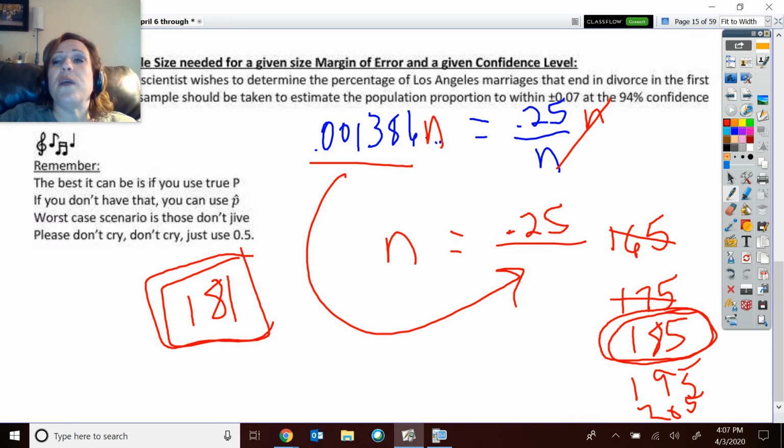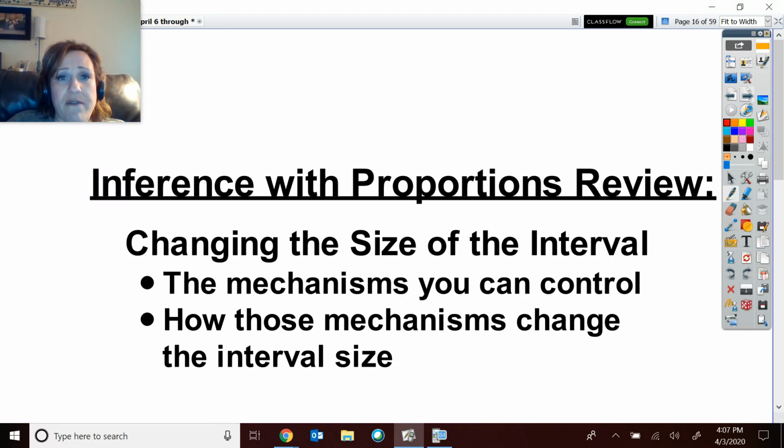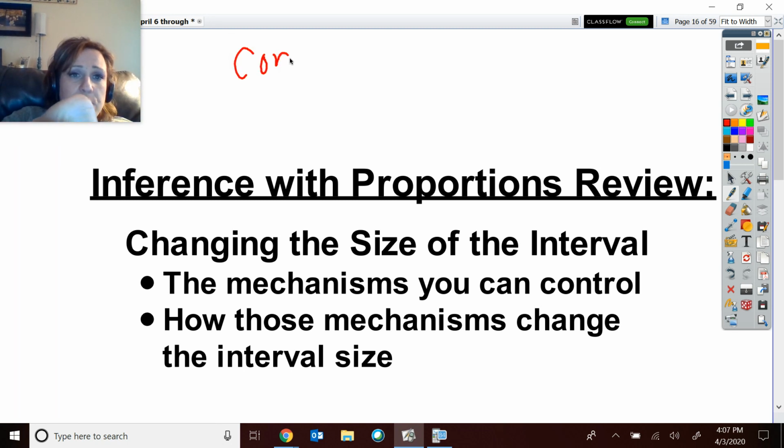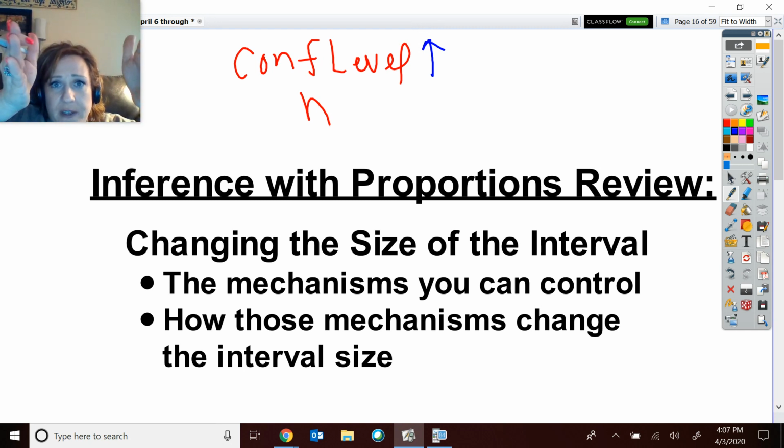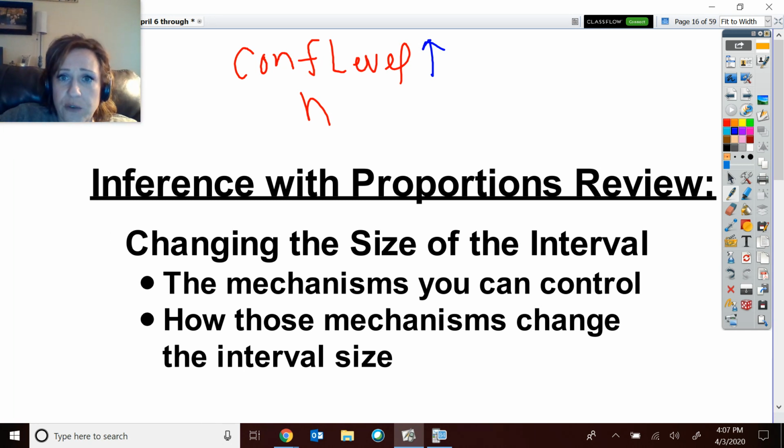Okay, so in summary, we found that the mechanisms we can control are your confidence level and your sample size. Remember, as your confidence level goes up, what happens to your interval?